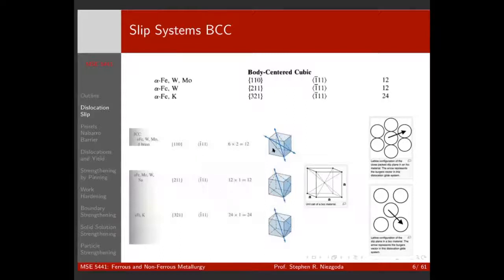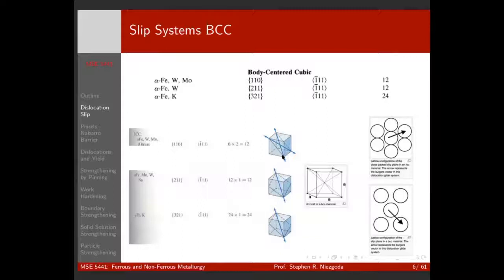And so which of these is going to be active? You've got a whole bunch of choices. It's all going to depend on the actual temperature and the loading condition. You can operate a whole bunch of these. So the notion of slip in BCC is sometimes called pencil glide. You might have heard this. You can imagine a bunch of pencils put together in a bunch.